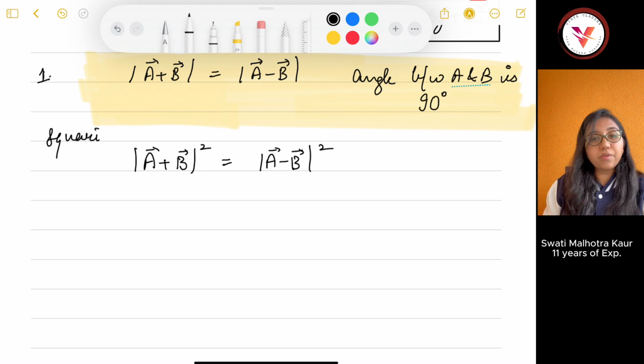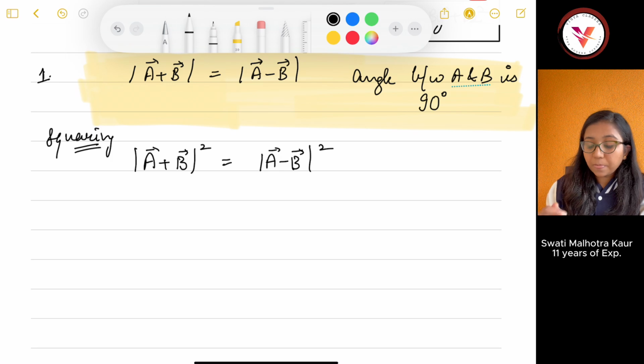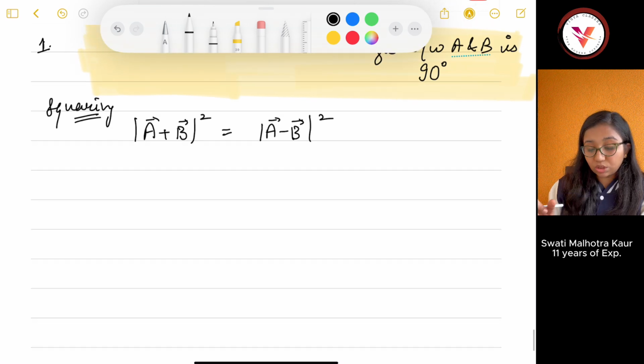You can solve many questions based on this thing. We'll do this video only by squaring both the sides.